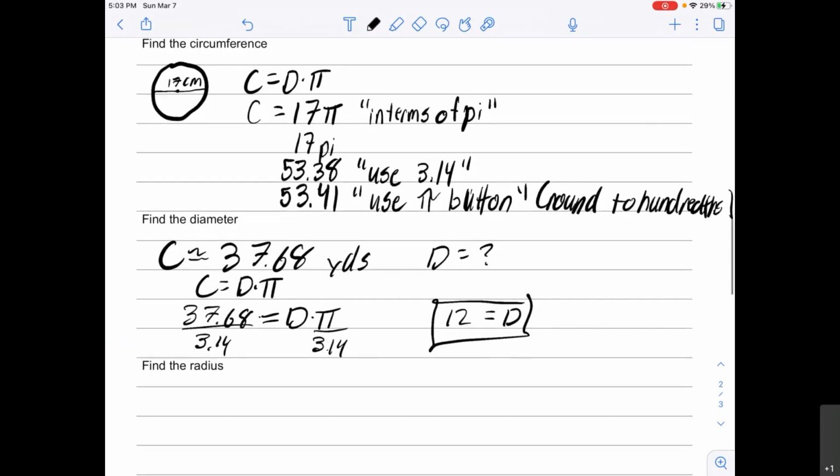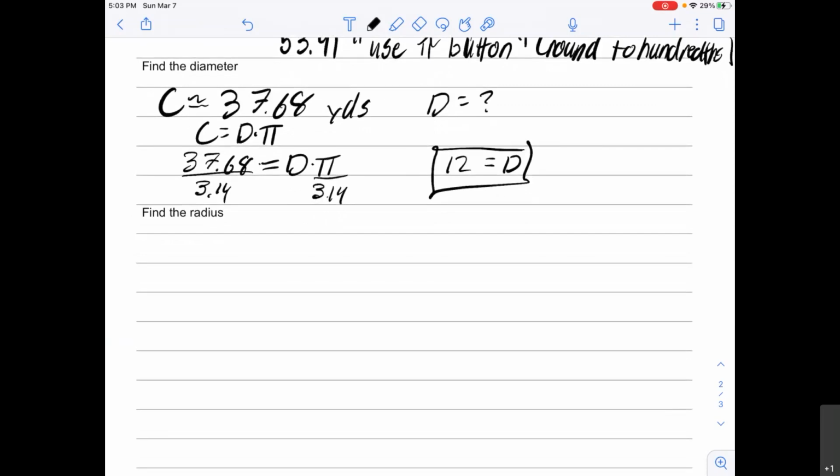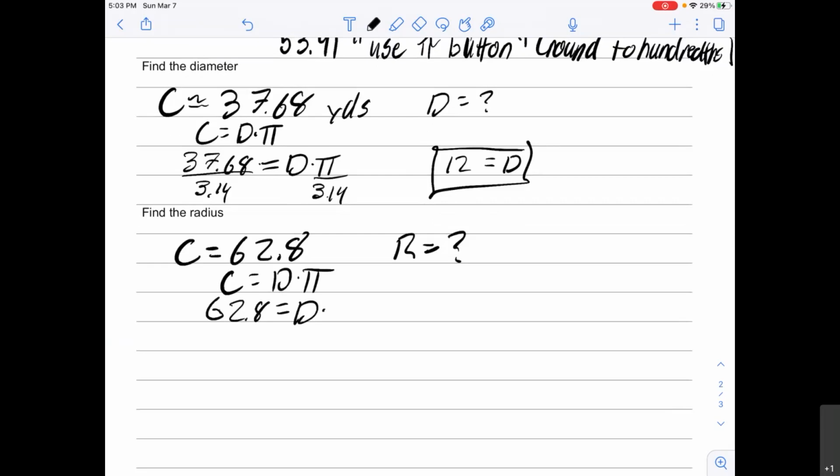I could also be asked to find the radius. So let's say that we were told that the circumference equals 62.8, and we were asked to find the radius. Well, let's start by finding the diameter. Just like up above, the circumference equals 62.8. That equals the diameter times pi.